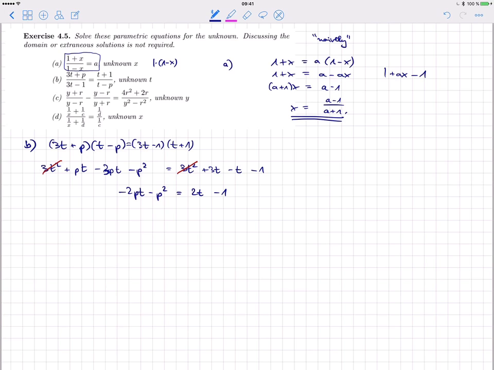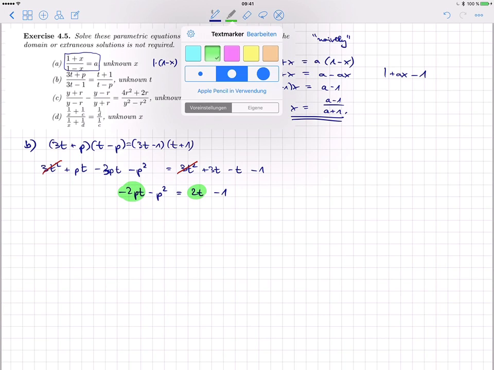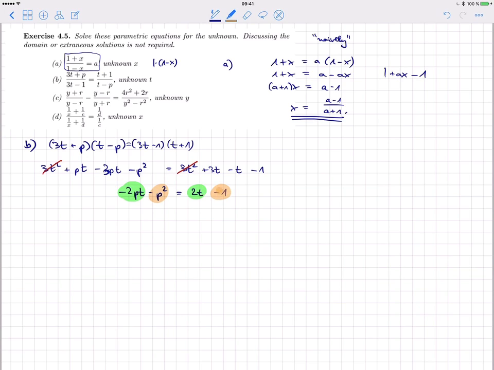We remember that t is the unknown, so we collect linear terms in the unknown on the left-hand side and the constant terms on the right-hand side. So minus 2t plus p squared gives us minus 2 p plus 1 t, so I already factored, and p squared minus 1, so we can now divide out this factor, and notice that p plus 1 is a factor inside p squared minus 1.